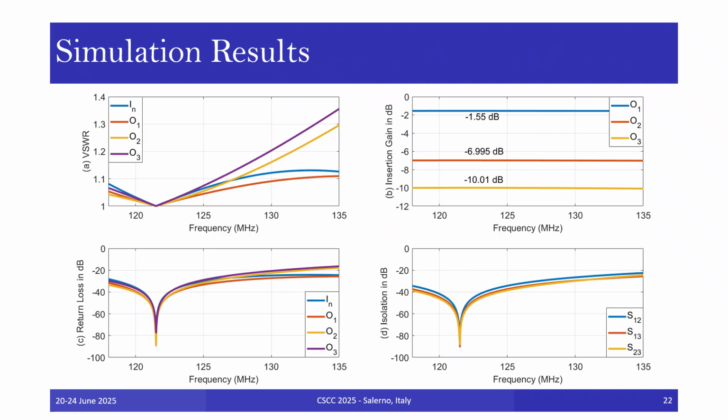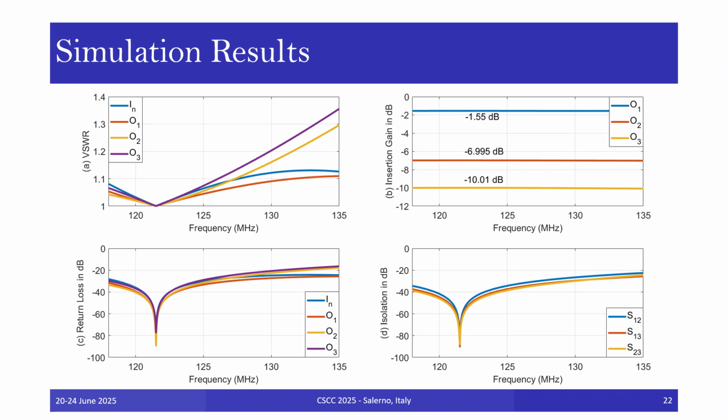This slide shows the scattering parameter simulation results of the designed power splitter. Each port exhibits a low voltage standing wave ratio, with minima near a frequency of around 1 to 1.5 MHz, guaranteeing a good matching condition at those ports, particularly around the design frequency. This is also confirmed by the plot of the return loss.